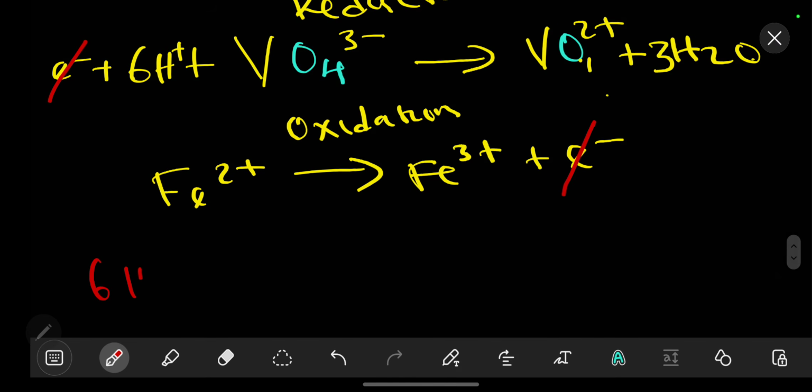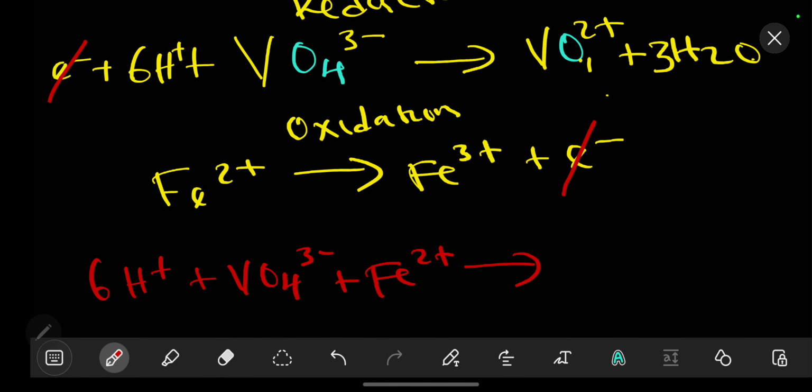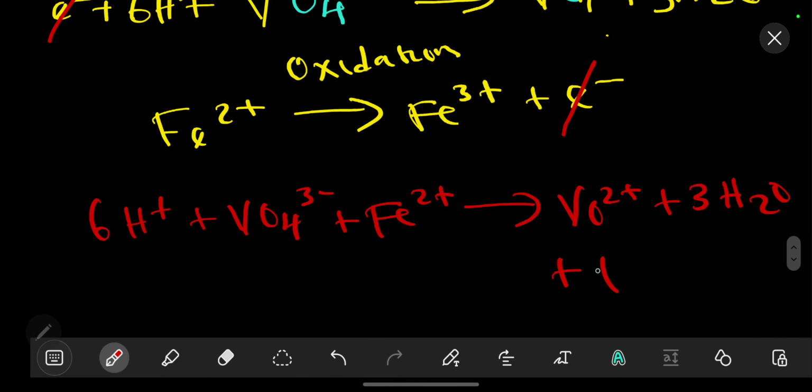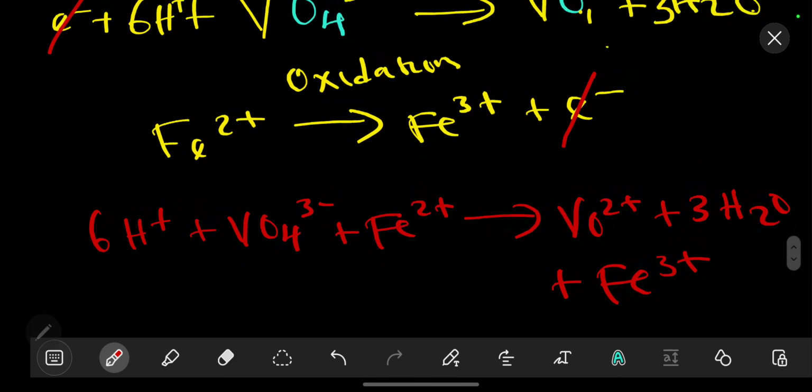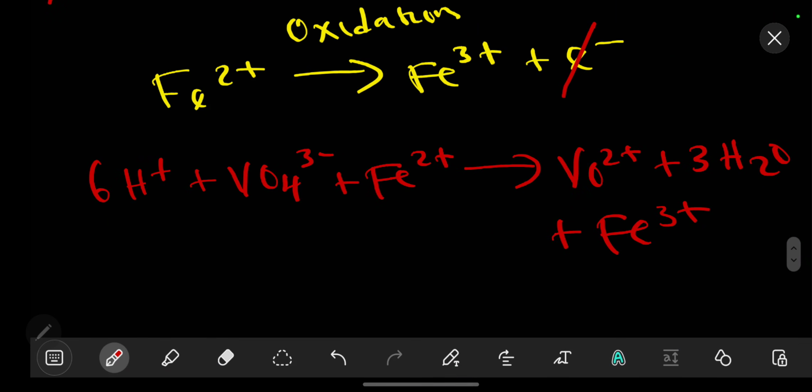So we have our 6H plus plus our VO4 3 negative plus our Fe2 positive to become our VO2 positive, then plus our 3H2O, then plus our Fe3 positive like that. So this is what we have.